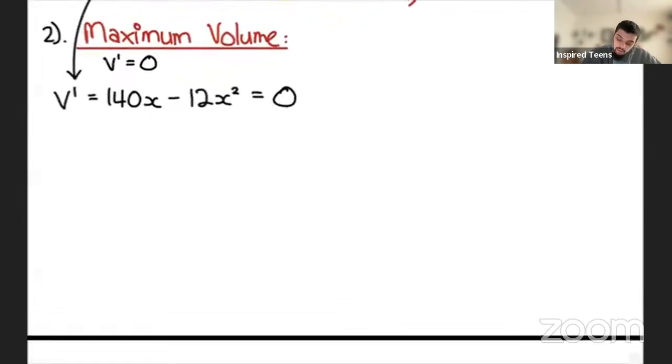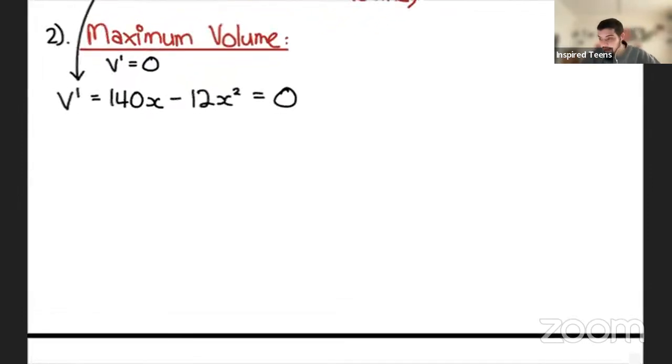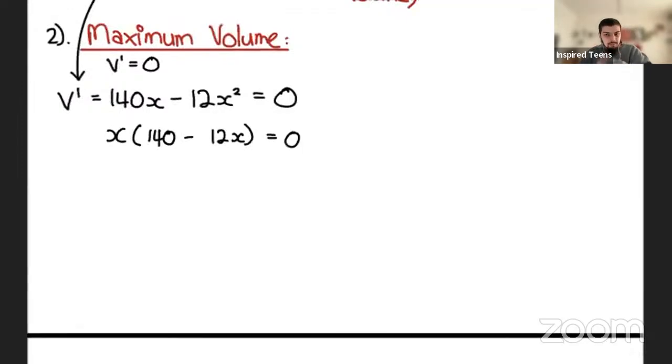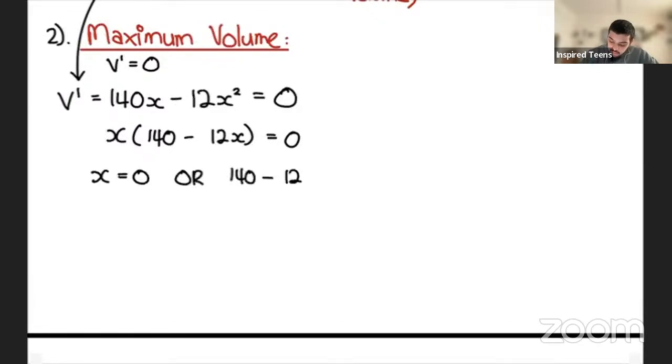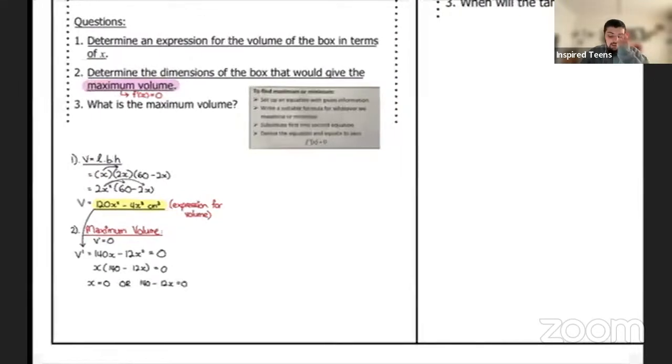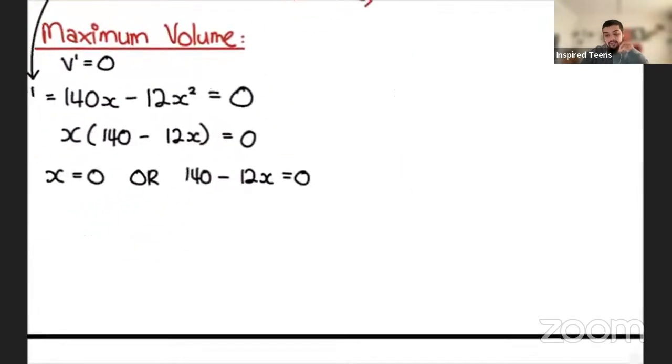Now we have to solve for x. What we can do is factorize by taking out a common factor. We have 240x minus 12x squared is equal to 0. Now you have two factors multiplied and equated to 0, so you can equate each one to 0. So x is equal to 0, or the bracket is equal to 0. What did they say? Determine the dimensions of the box that would give maximum volume.